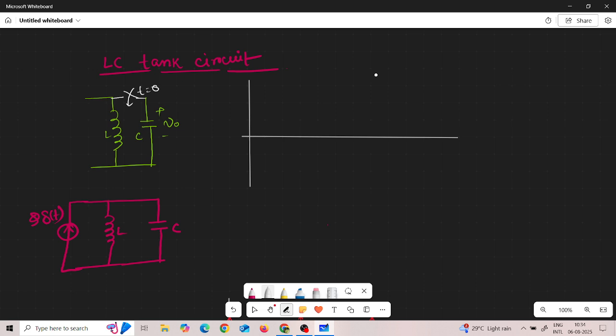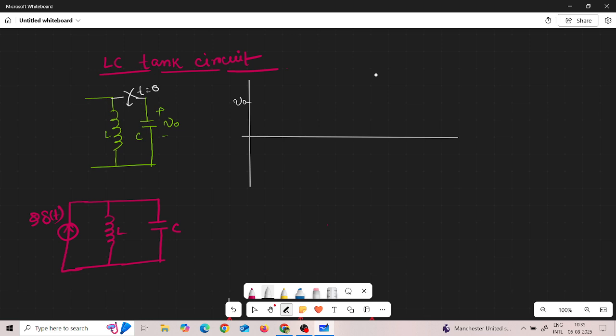So at t is equal to 0 when the switch is closed, the total voltage, that is V naught, will also be available across the inductor, and we know that the capacitor can't change its voltage instantaneously, and the inductor can't change its current instantaneously. So initially the total voltage across both the inductor and capacitor will be V naught.